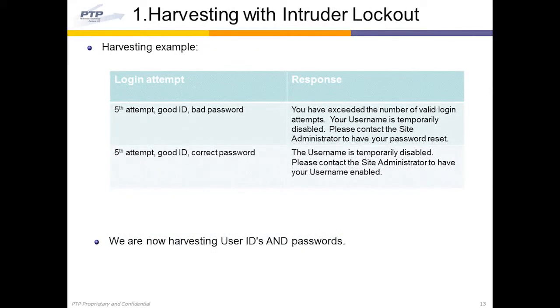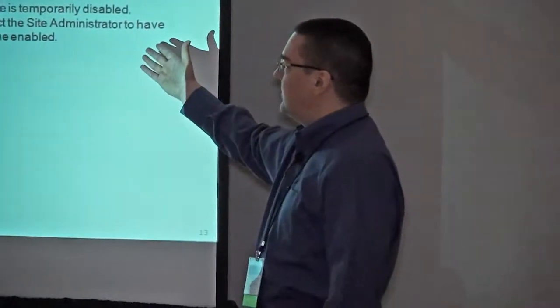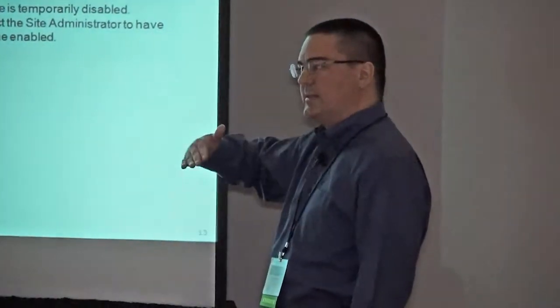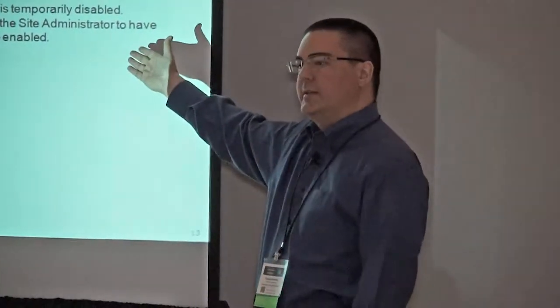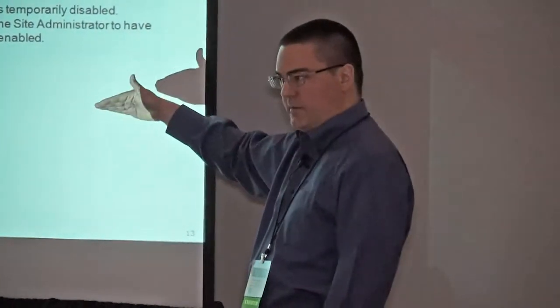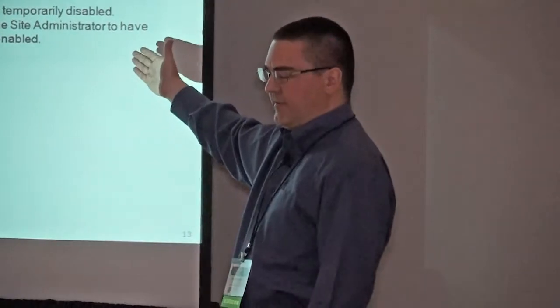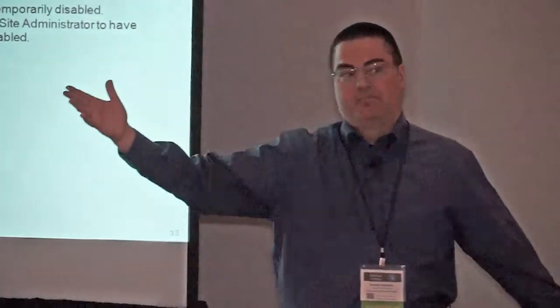The problem was, once we deliberately locked out an account, and we continued to give it a bad password, so we threw 10,000 passwords against an account. The account's locked out. We then, just for the heck of it, gave that locked out account the correct password. And lo and behold, the application developer, in his lines of code, put in a different message for that logic flow if the correct password was given to a locked out account, for whatever reason.